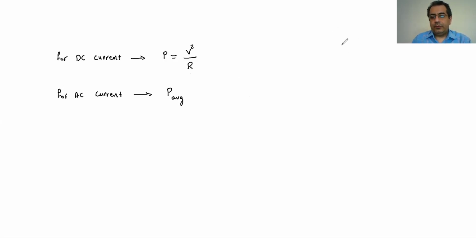So in the DC current, V is constant. But in the AC current, if you have V and T, it's going to be something like that.